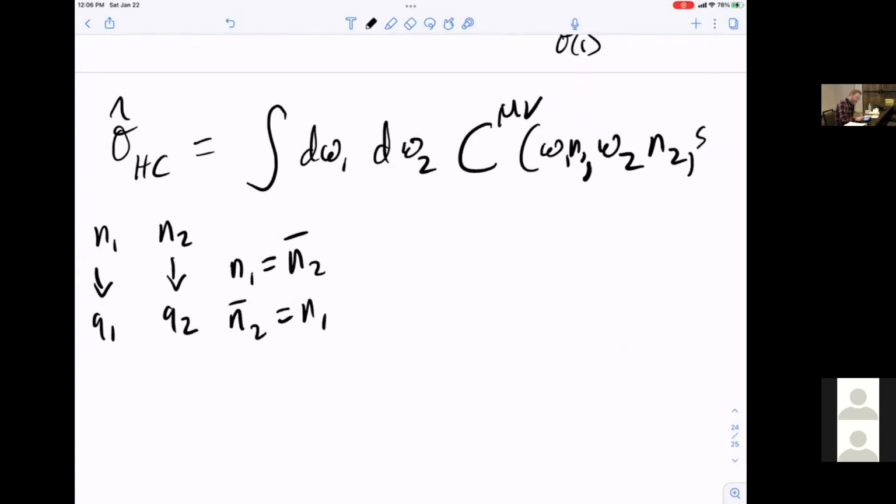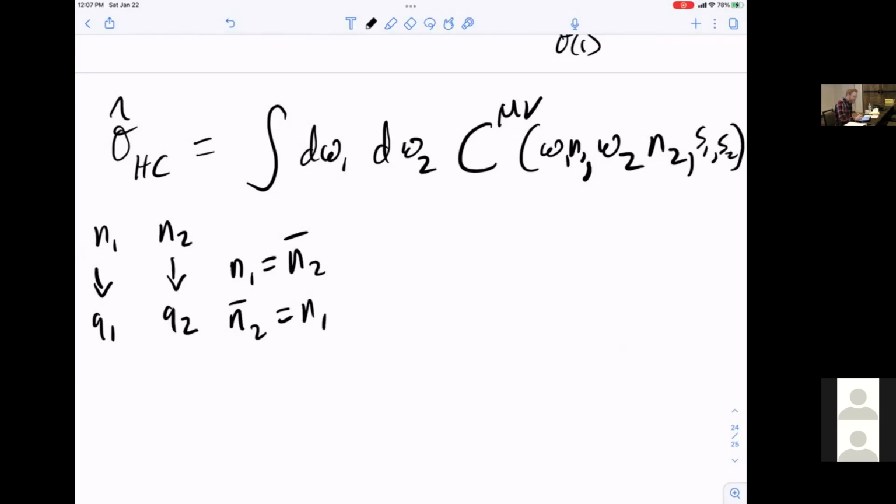It can depend on my soft color indices that I had, S1 and S2. This omega-1 and omega-2, that is the large momenta going into the hard interaction.